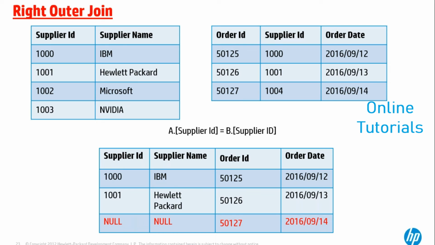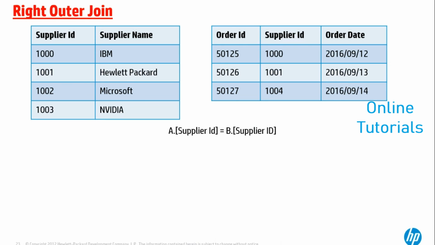Yes, 1000 and 1001 are available in the left table, so they display. But 1004 is not available in the left table, so it would also display because we are using a right outer join. It will display and it will not display based on the column which you are selecting in the select list.